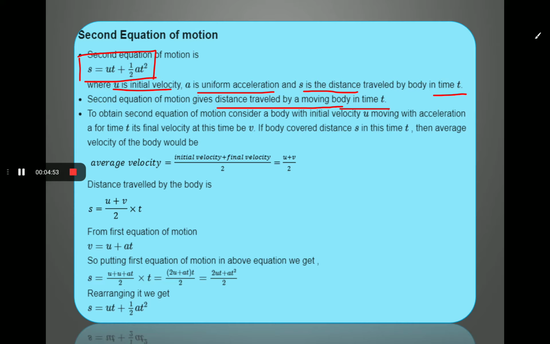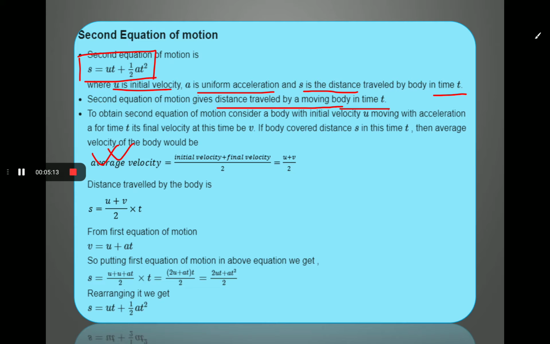And we know that in the case of uniform acceleration, average velocity is equal to initial velocity plus final velocity by 2, that is u plus v by 2. This is the formula for average velocity.